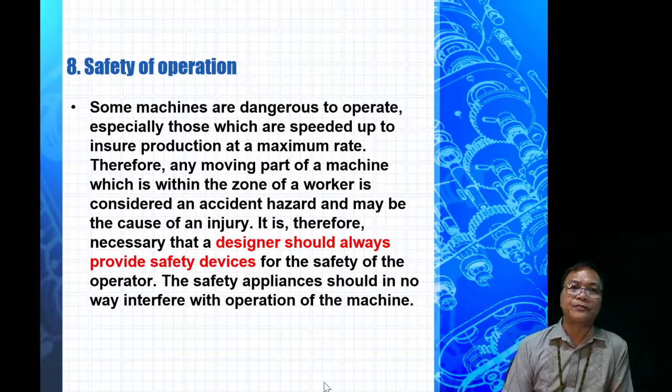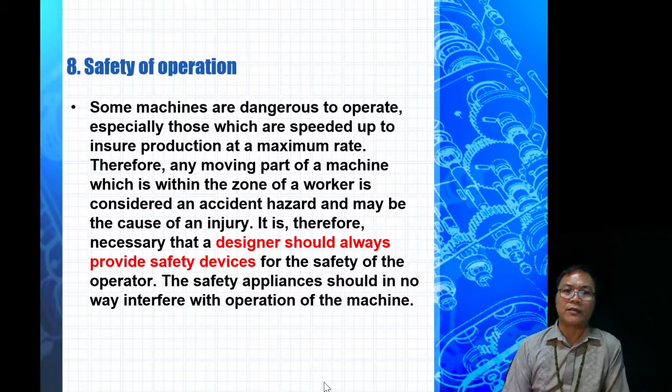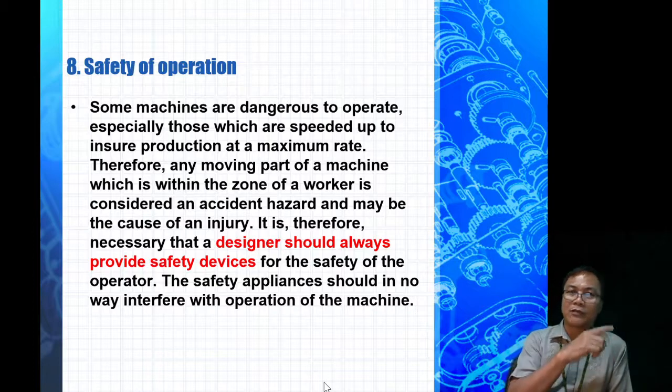Okay, so safety is the number one consideration, no? Especially for the operator. So all moving parts should be covered and should not be accessed by the worker, no? It is not enough to just put a sign that says do not touch, keep away, or avoid touching, no?